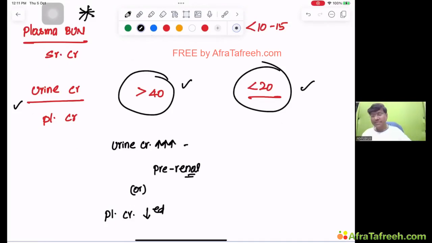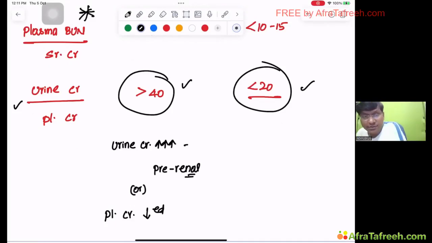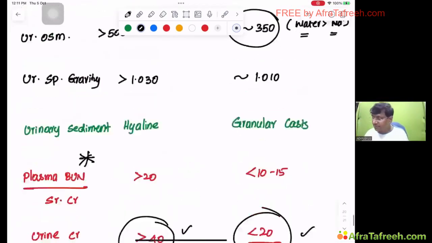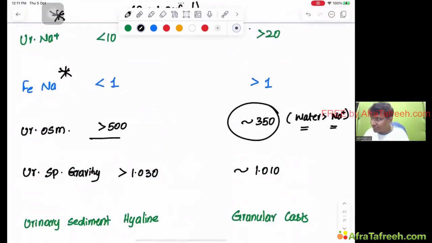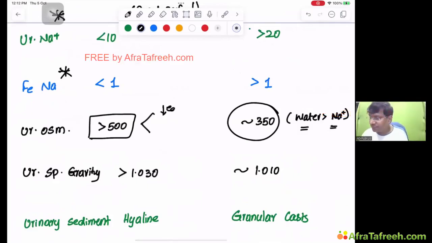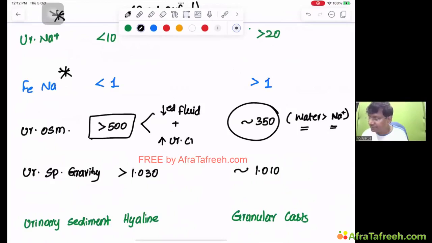Now, you take the urine creatinine in case of pre-renal. We were discussing the urine osmolality being increased in pre-renal. This is mainly because of 2 reasons. One is decreased fluid in the urine, along with that, increased urine creatinine.